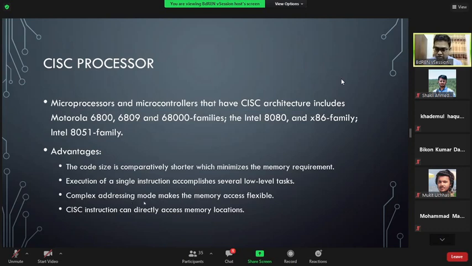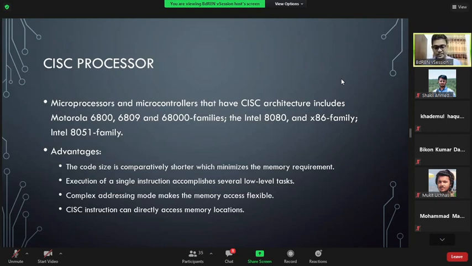You are not going to understand the addressing mode and everything yet, so don't worry. Just listen that it has a complex addressing mode. We are going to discuss in chapter 2 what addressing mode is and direct access to the memory. Yes, that is the biggest difference.